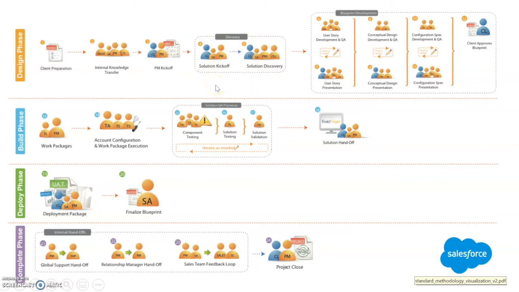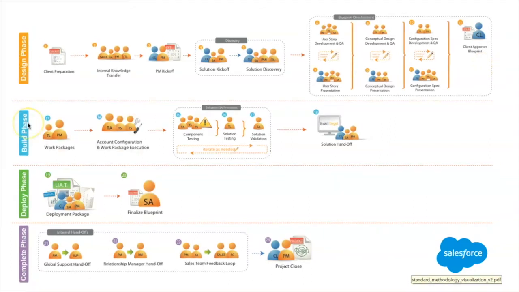So there are these multiple discovery sessions and we define the solution. And then there is a blueprint which is developed based on the discovery. So there are user stories which are defined, and then from the user story, there are conceptual design and quality assurance processes, and conceptual design presentation, and configuration spec development and QA, and then there is a client approval of the blueprint.